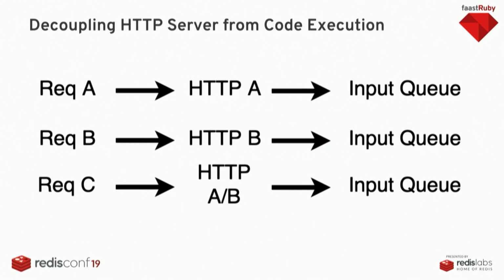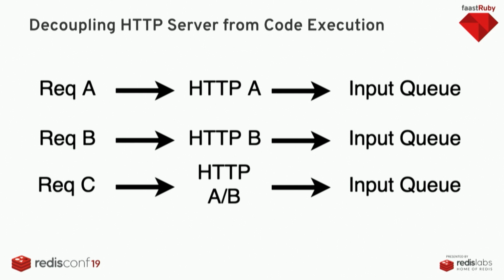So then I wanted to decouple the HTTP server from the code execution, so I could have the HTTP server replying to a bunch of different requests, but also have the function runners fetch those jobs and reply as soon as they can, as soon as there's one free.